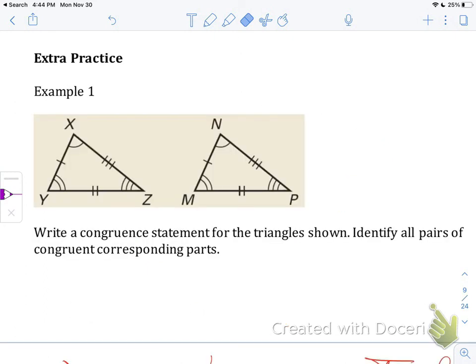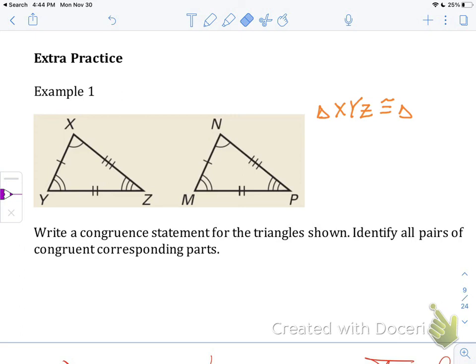Let's look. Yep. Okay, so here's an example for practice. Write a congruent statement for the triangle shown. Identify all pairs of congruent parts. Okay, so write your statement based on the angles. So triangle, let's call the first one X, Y, Z, is congruent to triangle.